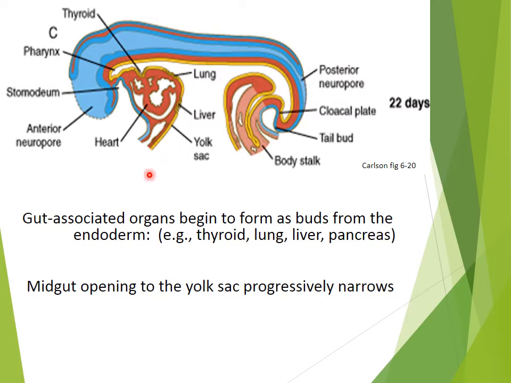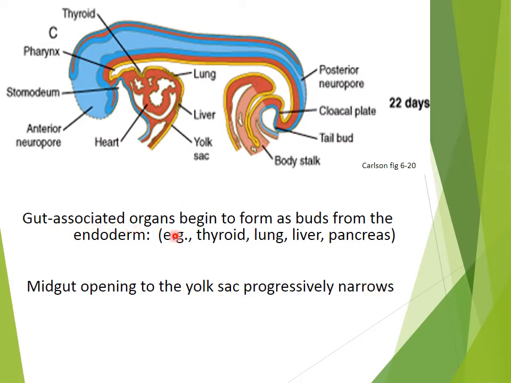So now here you can see that the gut associated organs begin to form as there is the origination of buds or diverticula arising from the gut tube, and these diverticula or buds help in the formation of not only the gut but also some other gut associated organs.